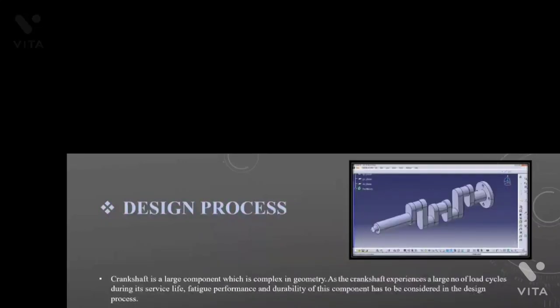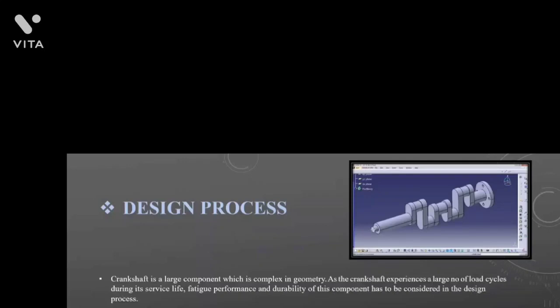Designing process. The crankshaft is a large component which is complex in geometry, and it experiences a large number of load cycles during its service life. Fatigue performance and durability of this component have to be considered in the designing process.